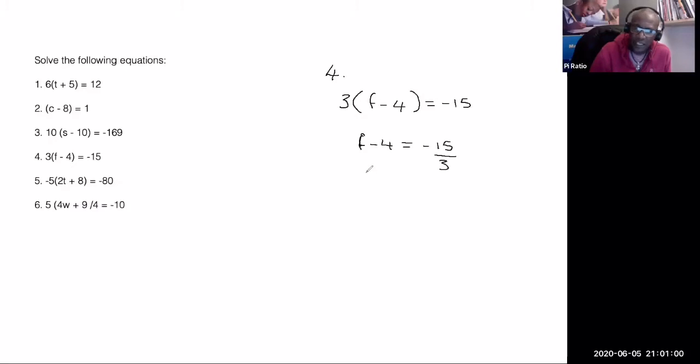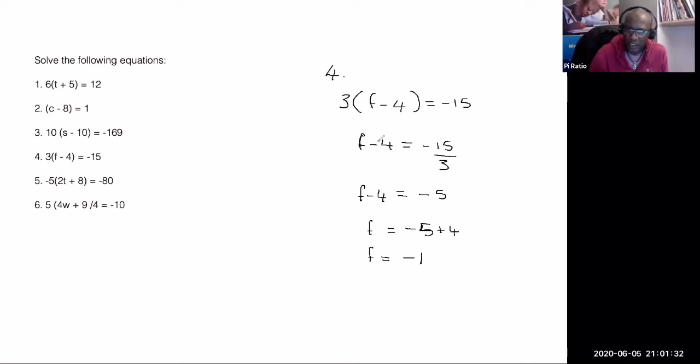So your next line will read F minus 4 is equal to minus 5. So the next line will read F is equal to minus 5 plus 4. So that means that F is equal to minus 1.